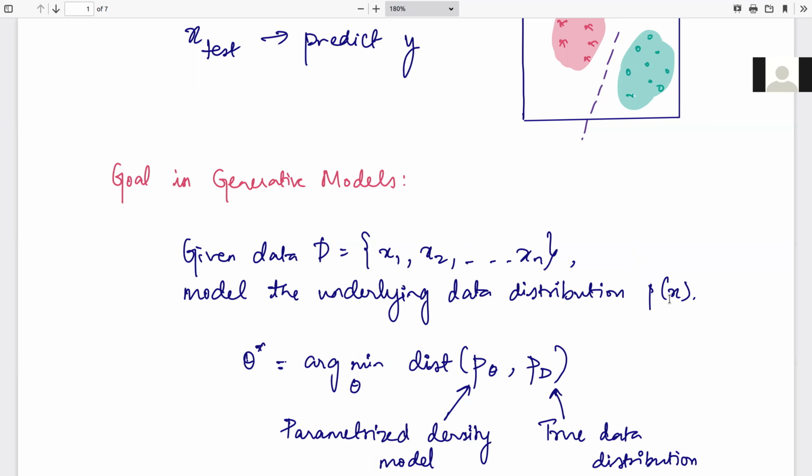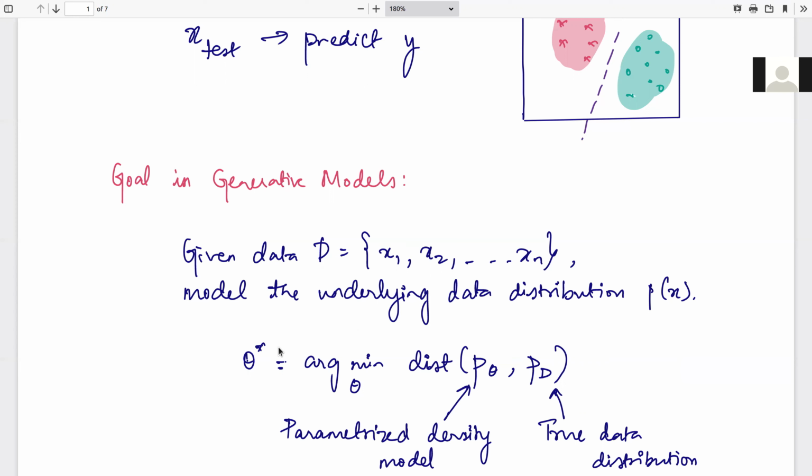Then the goal is to learn this underlying data distribution itself so that we can sample multiple inputs which are very similar to the training data itself. So the objective here is not modeling P of y given x, but directly learning P of x.